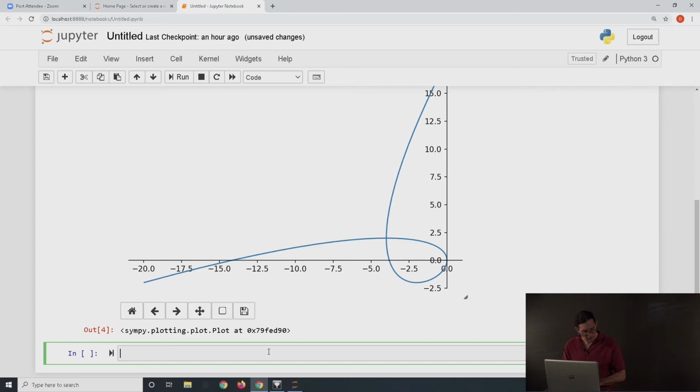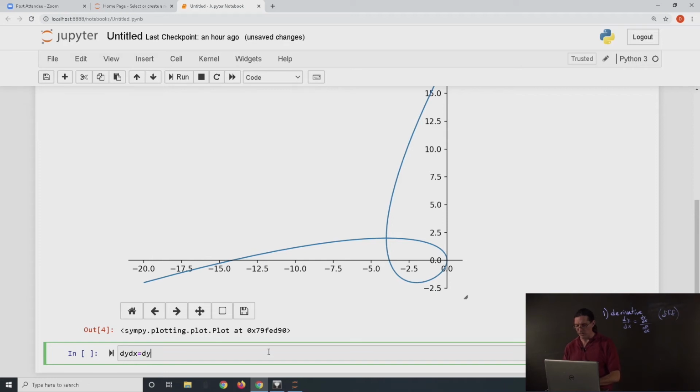Now, we're going to follow our strategy for finding the tangent line. We're going to start by finding the derivative using the formula dy dx is equal to dy dt over dx dt. So that requires the Python diff command.